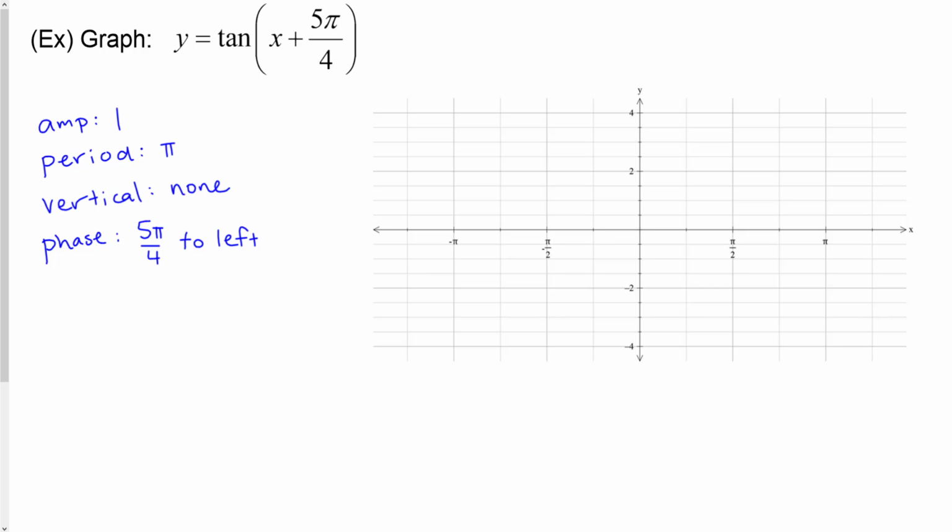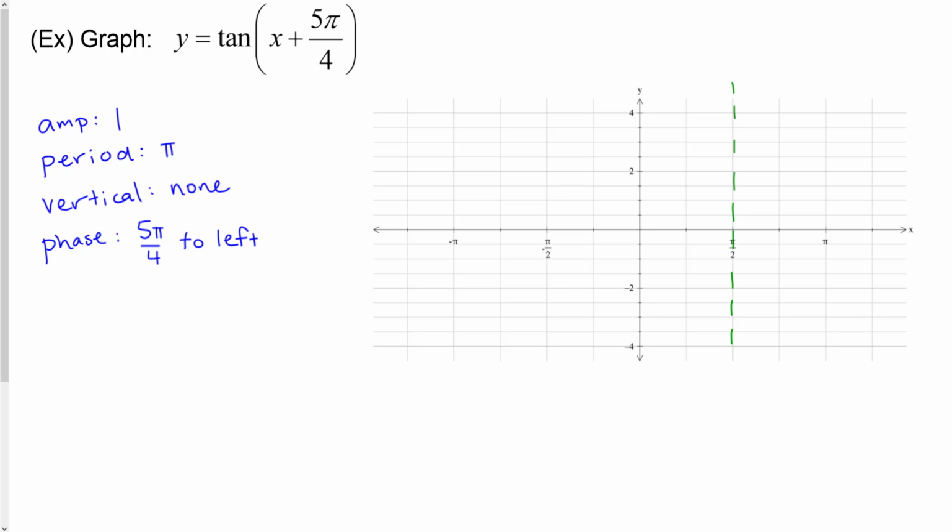Now, tangent is going to have vertical asymptotes at non-zero multiples of pi over 2. So let's start with this asymptote that would have originally been on the graph. So it has to move 5 pi over 4 units to the left.